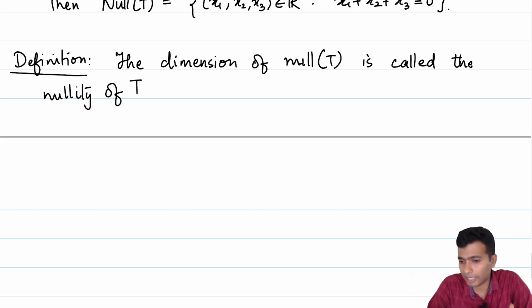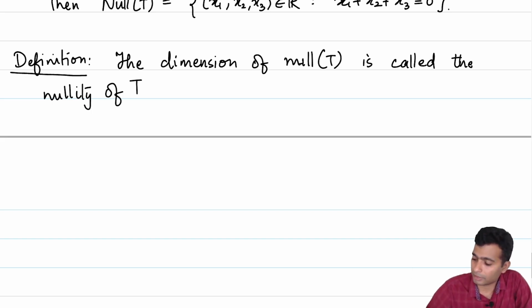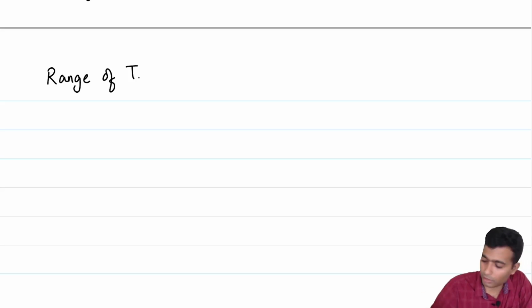A linearly independent set had a corresponding notion of a spanning set. Similarly, the null space of a given linear transformation also has a corresponding notion, called the range of T. So that is the next thing that we will be exploring: the range of a linear transformation T.